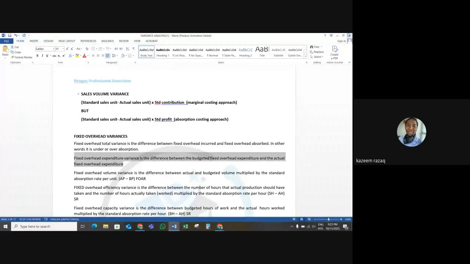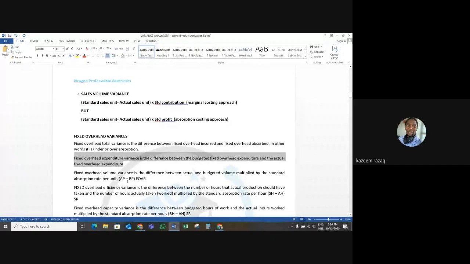So he mentioned cost, you mentioned budgeted overhead, and it's actually the same thing: total budgeted overhead cost divided by the total level of activity that is incurring that cost. Do we understand? So that same overhead absorption rate is what you need here. That's how to get this FOAR, fixed overhead absorption rate.